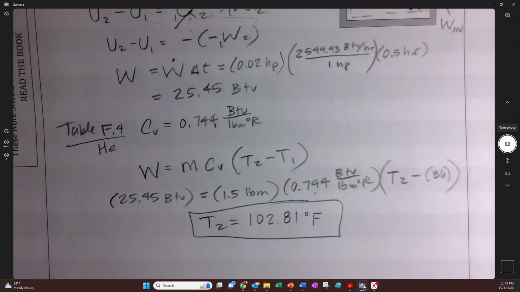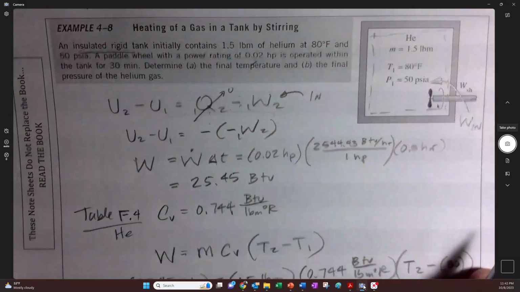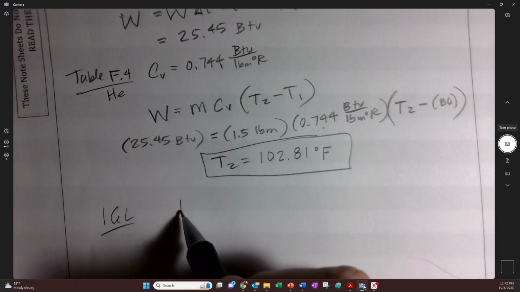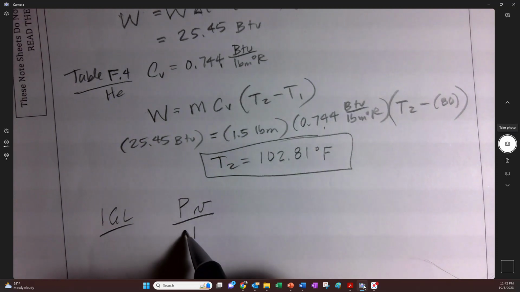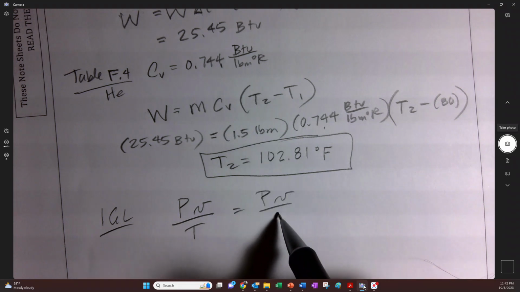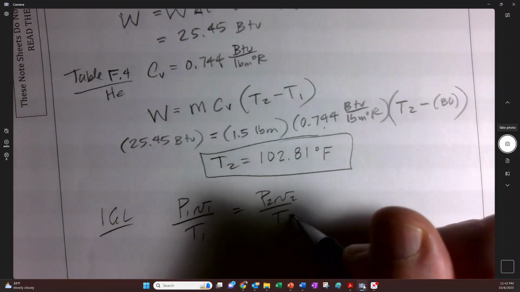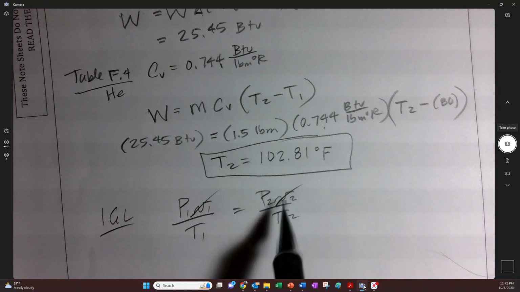Even though this process is undefined, it's a constant volume process, because the volume never changes in there. So what we could go ahead and do is use the ideal gas law, PV equals RT, or P1 V1 over T1 is equal to P2 V2 over T2, right? But the volumes and R are constants.